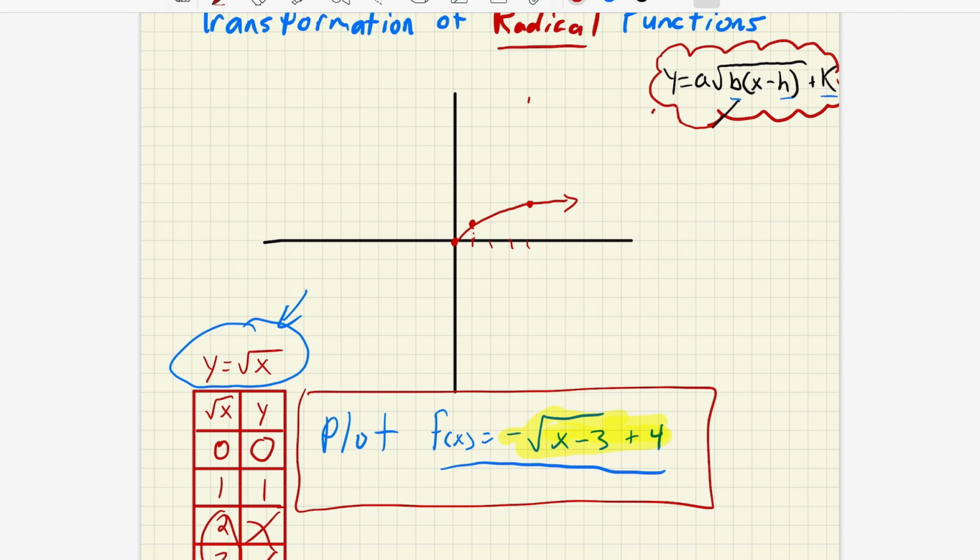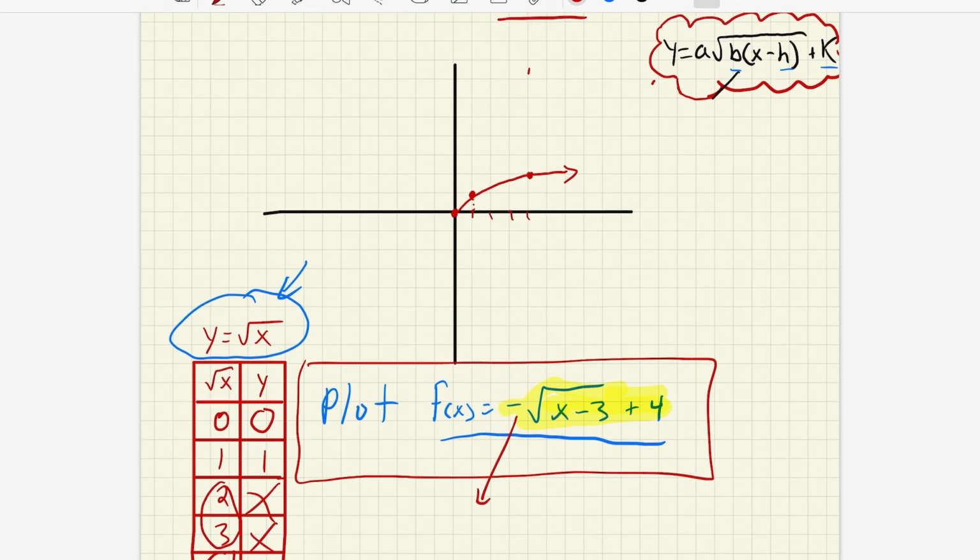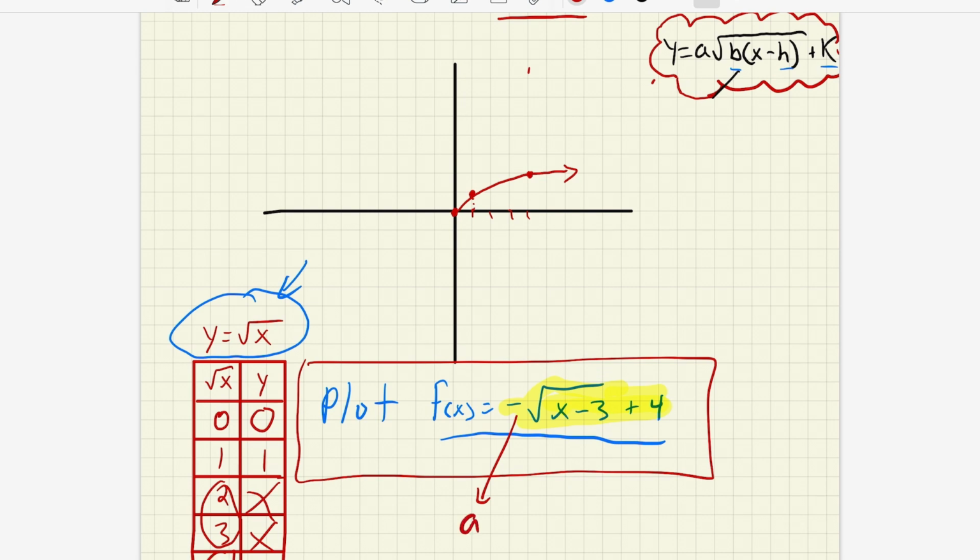So the key thing is that we want to identify what is the A, the B, the H, and the K. So remember that the A is always going to be outside the bracket, and so when we look at this over here, the negative, that would be the A value. So I'm going to draw an arrow from there and write A. And because A is negative 1, remember that if it's negative, that means that there's going to be a reflection over the x.